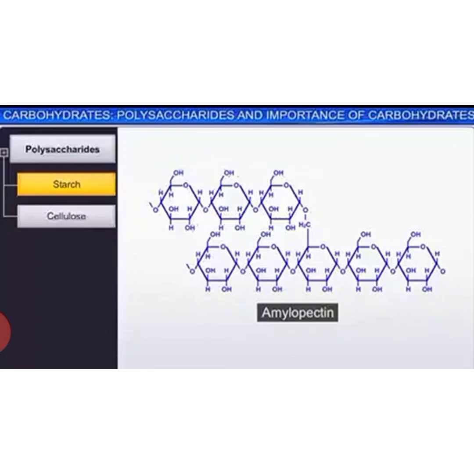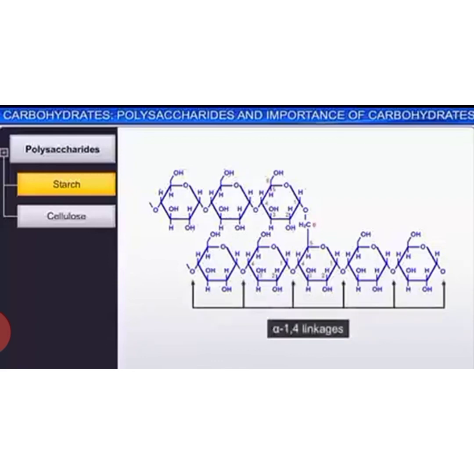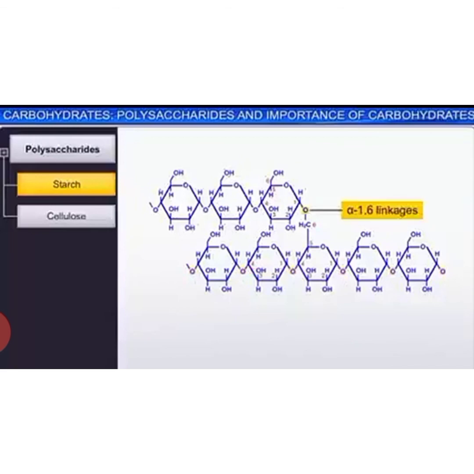An amylopectin molecule may contain as many as 1 million glucose units. The main chain of amylopectin contains alpha-1,4 linkages between the glucose units, while branching occurs by alpha-1,6 linkages, that is, C1 to C6 glycosidic linkages.